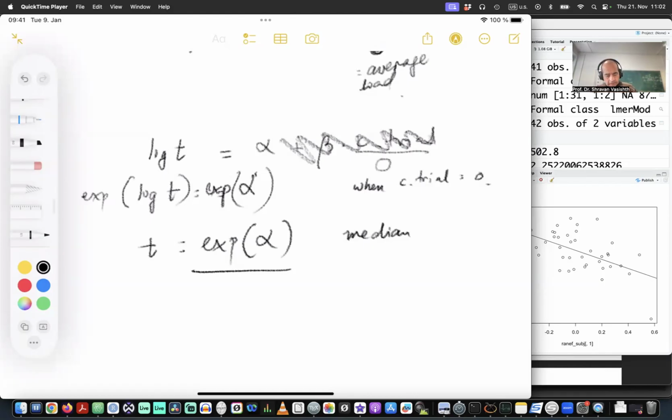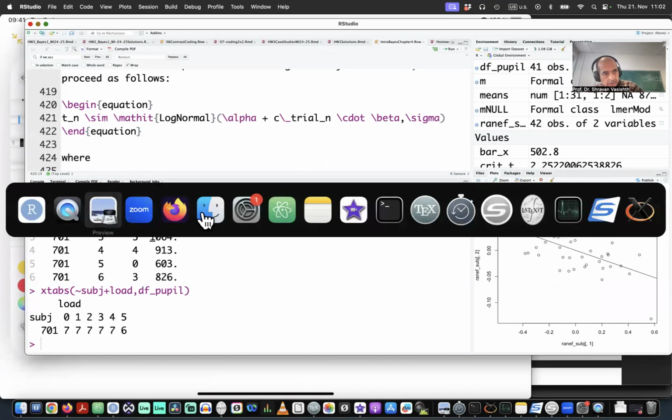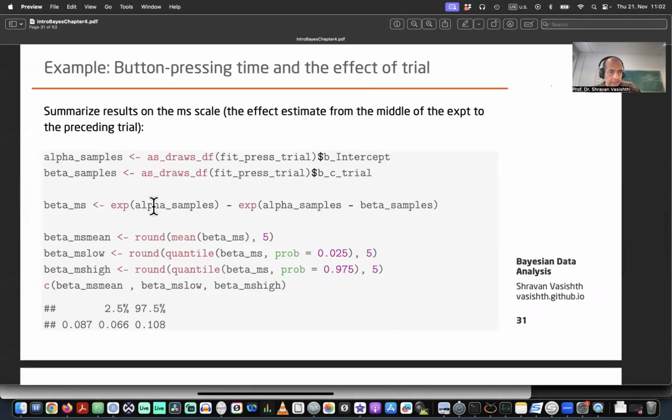And so it works well for our purposes as a back transform. So what we are getting back is the median button pressing times when the centered trial ID has the value 0. So that's what's happening here.